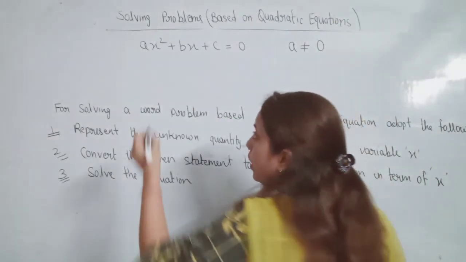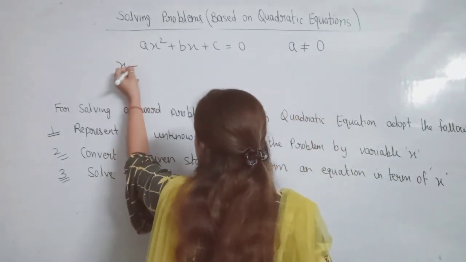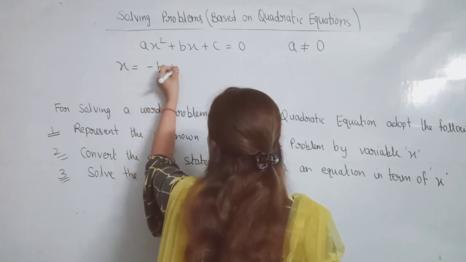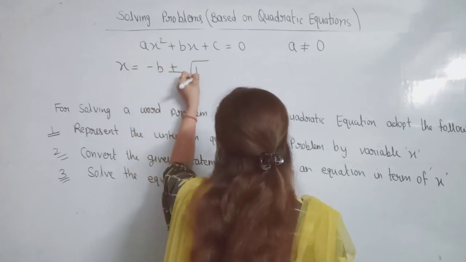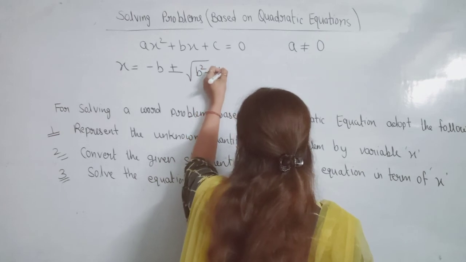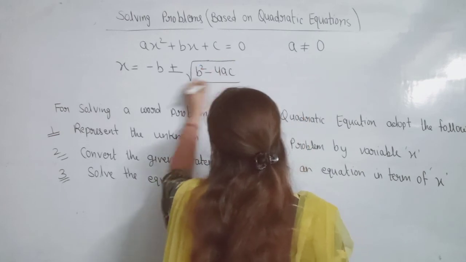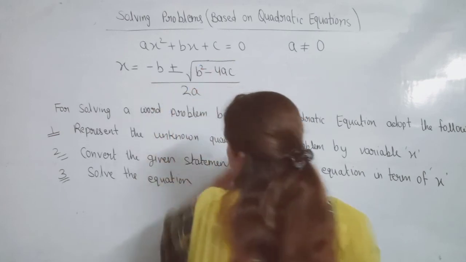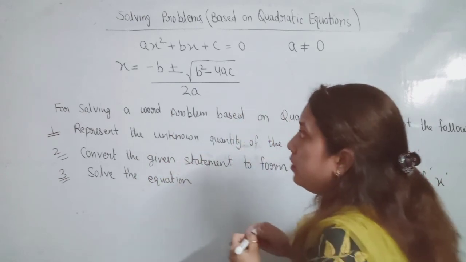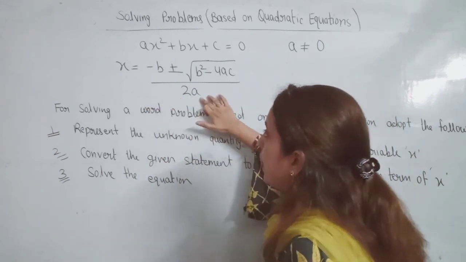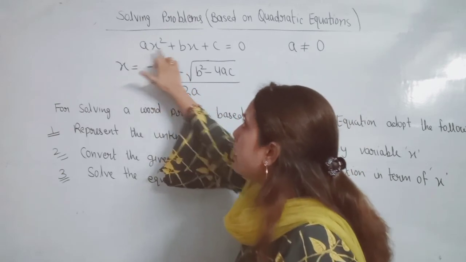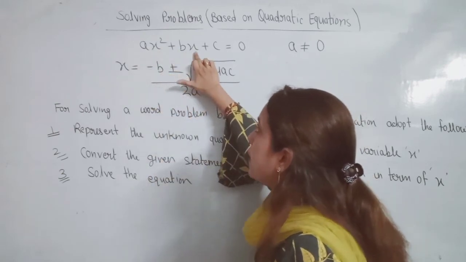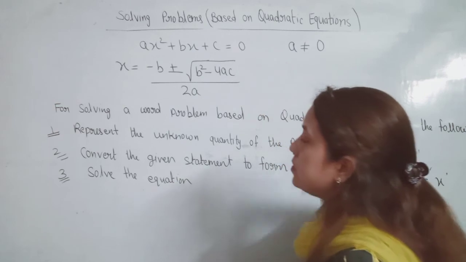And the quadratic formula is x is equal to minus b plus minus under root b square minus 4ac upon 2a. Here a is the coefficient of x square, b is the coefficient of x and c is the constant term.